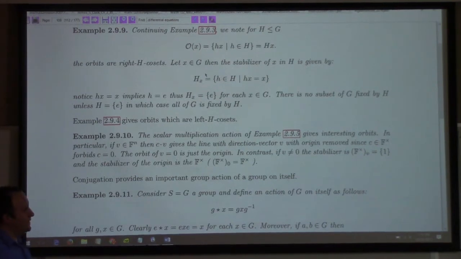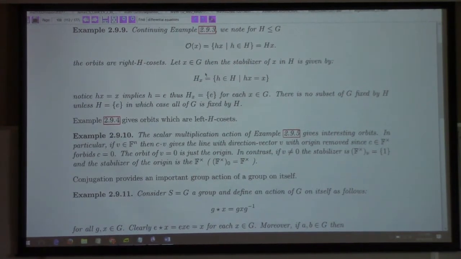So if you look at the group action given by scalar multiplication, you can argue that the orbit of v equals 0 is just the origin, because if you scalar multiply 0, you just get back 0 again. But if you're looking at v not equal to 0, then the stabilizer of that v is just 1, because how do you get from v to v again?